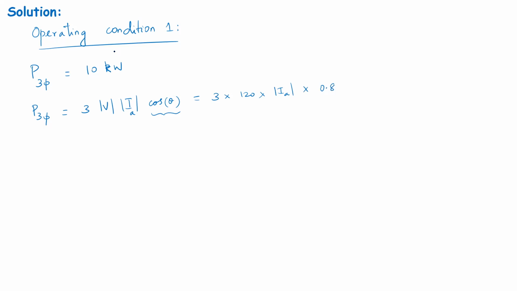So under operating condition 1, the machine is supplying 10 kilowatts of power, and the power factor cos theta is equal to 0.8 lagging. The lagging has no significance in the real power expression. So I can solve this expression to get the value of IA magnitude. IA is equal to 10 kilowatts divided by 3 into 120 into 0.8.